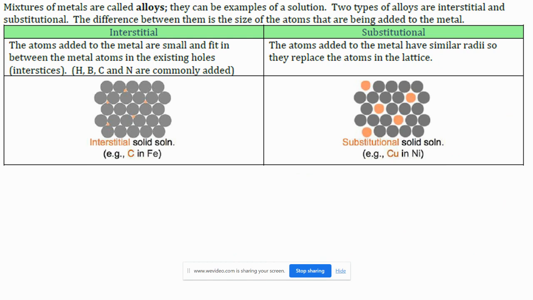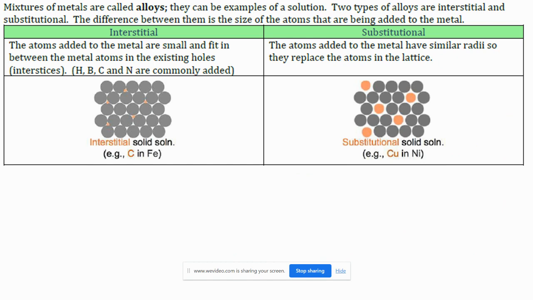All right. We can have mixtures of metals. What they have to do to create these mixtures is they have to heat up the metals, get them to a molten or liquid state, and then they mix them together, and then they cool them back down.